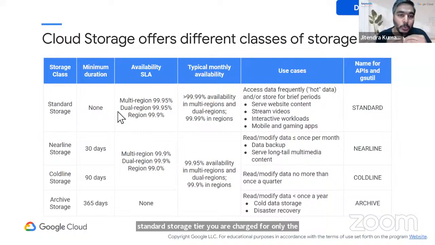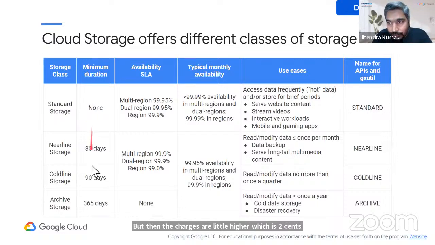Imagine you upload 2 images inside a cloud storage bucket of type standard storage class. If you keep them there for 10 days, you will be charged only for 10 days. There is no minimum duration, but the charges are a little higher, which is 2 cents per GB per month.